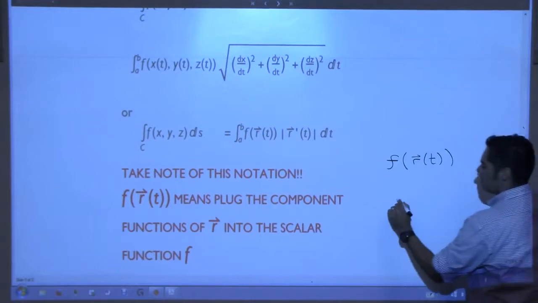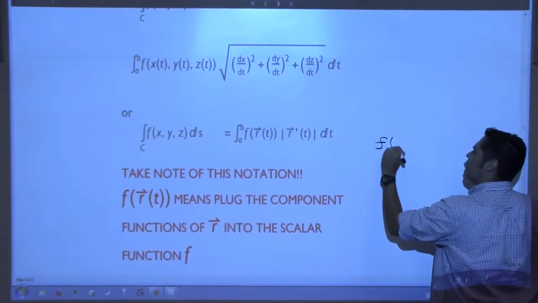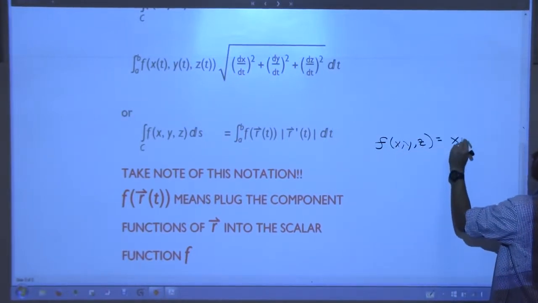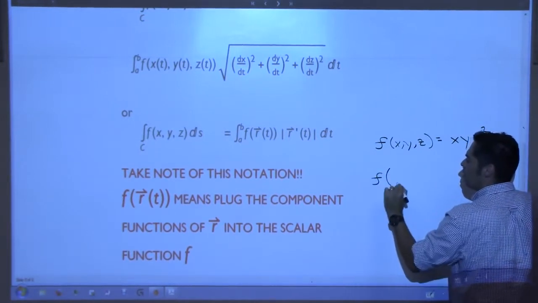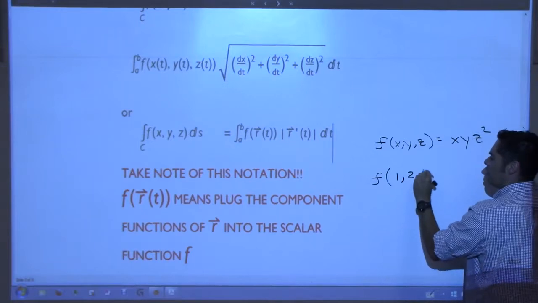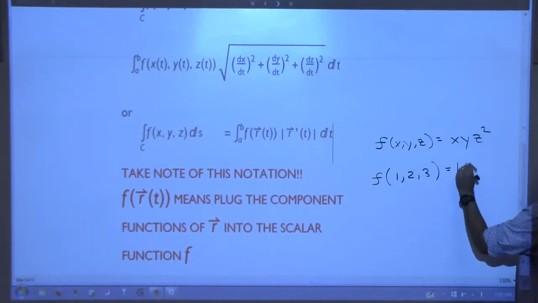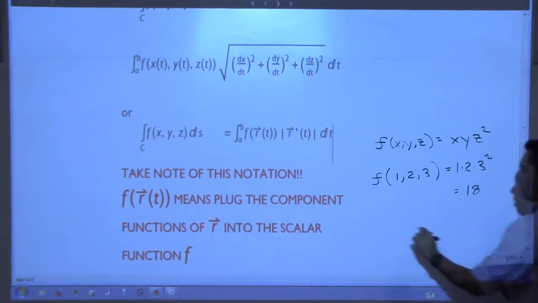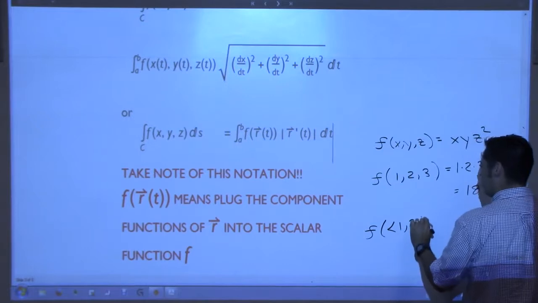Let me give you an example. If I give you a function of 3 variables, and I tell you it's x times y times z squared, I think everybody is comfortable with me saying plug in 1, 2, 3. If I say plug in 1, 2, 3, everyone would say, oh, okay, that's 1 times 2 times 3 squared. And so your answer would be 18. But what if I said plug in the vector 1, 2, 3?